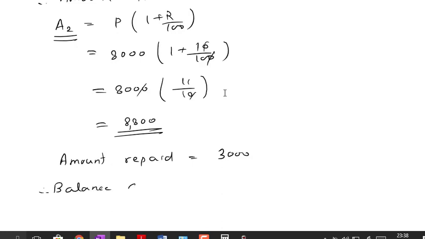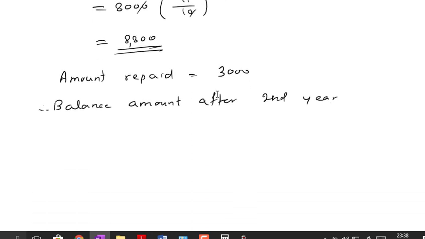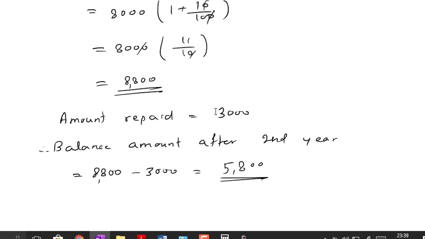So balance amount after second year is equal to 8,800 minus 3,000, equal to 5,800. This 5,800 is the amount balance. Amount balance after second year is 5,800.